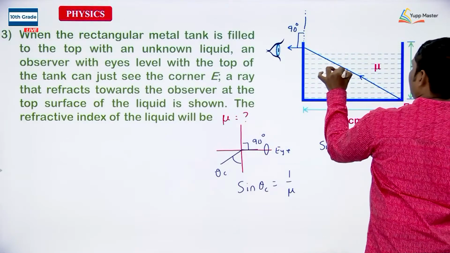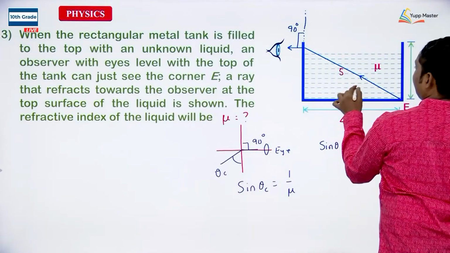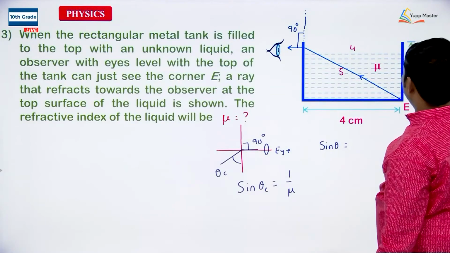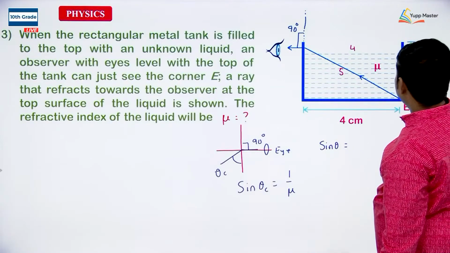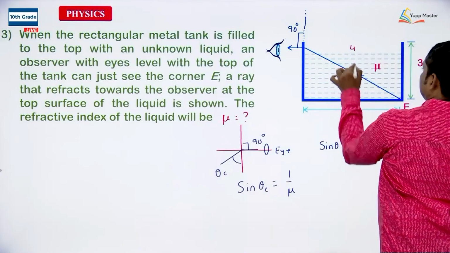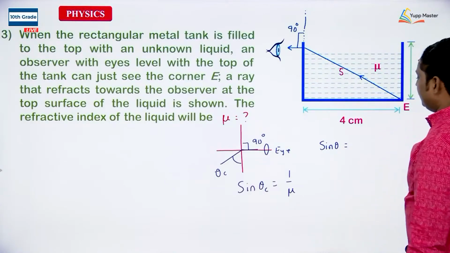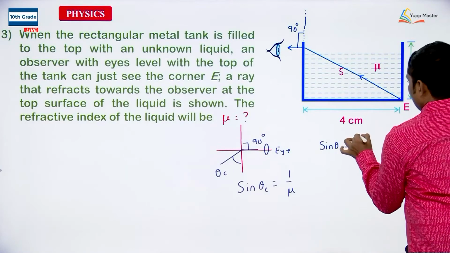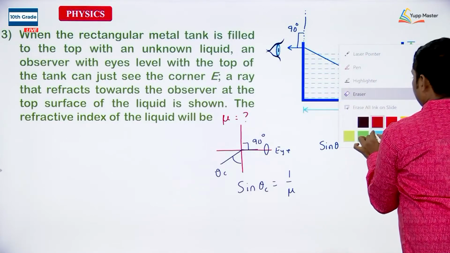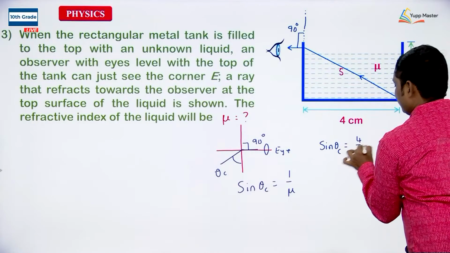This is identified as 5, and this is identified as 4. Now sin theta c is equal to 4 by 5.